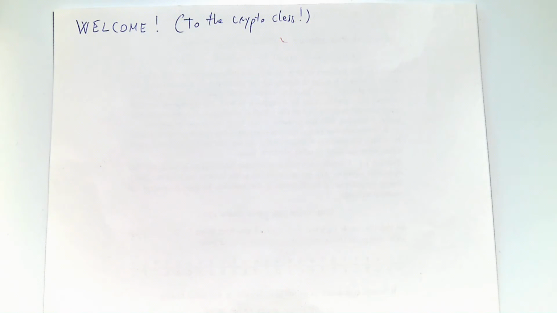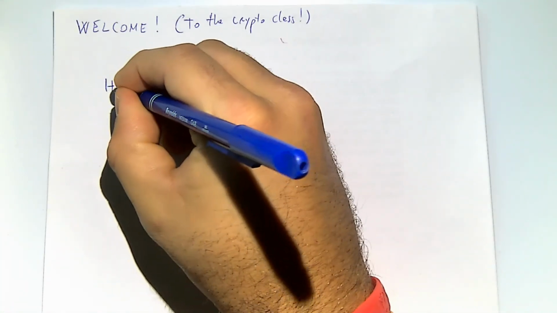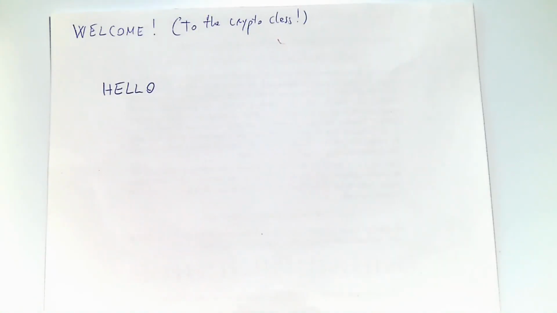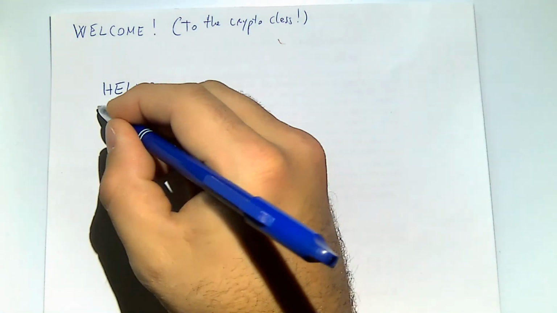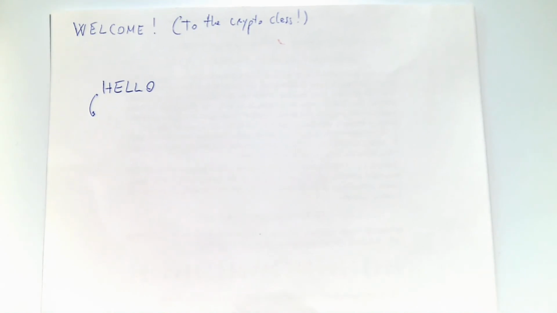The scheme would work like this. If he had to send a message, say "hello," he would shift every letter up by a certain number of positions, and would obtain some sort of gibberish looking thing.